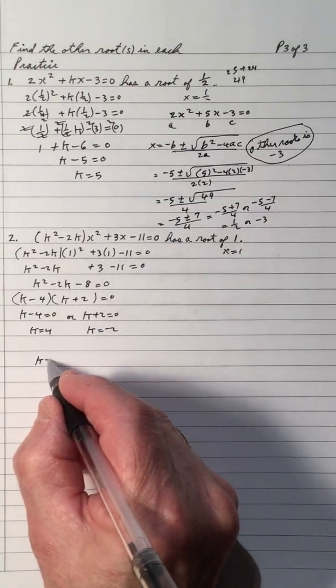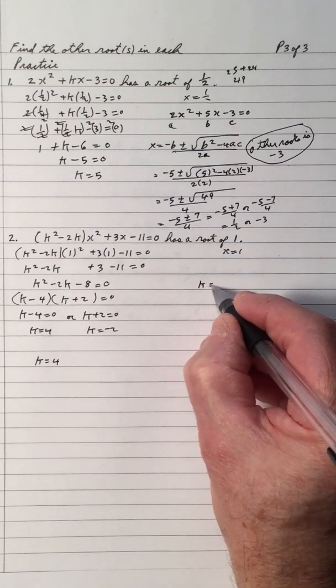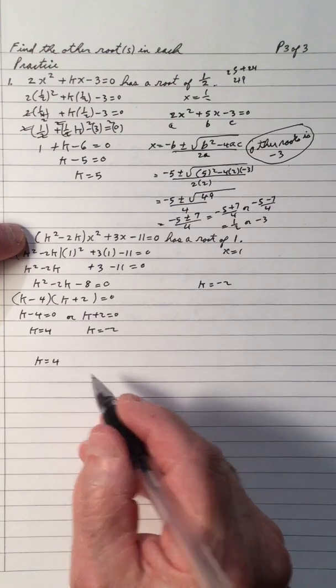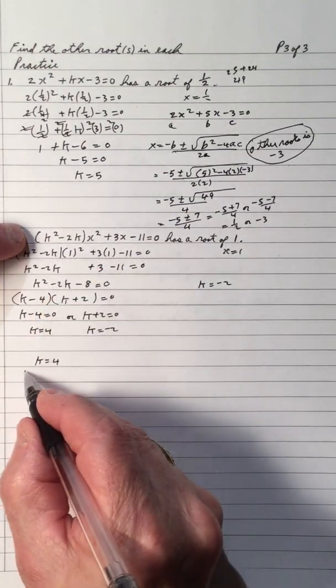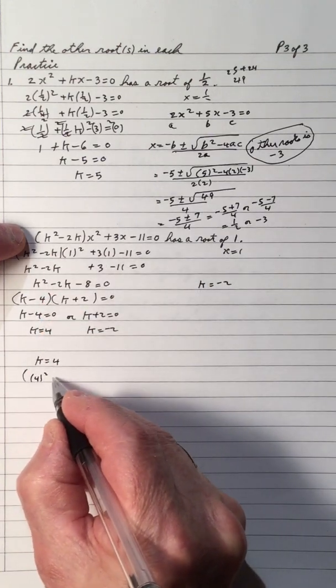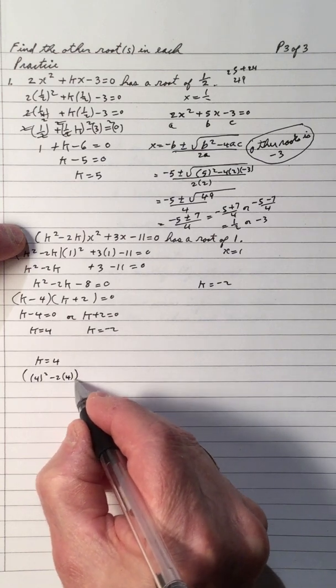Let's check when k is 4, and then we'll check when k is negative 2. Let's do one at a time. Here's the equation. So we've got to be careful now. We're putting k is 4 in. So we're putting 4 in for k.